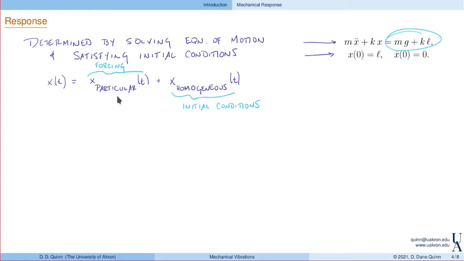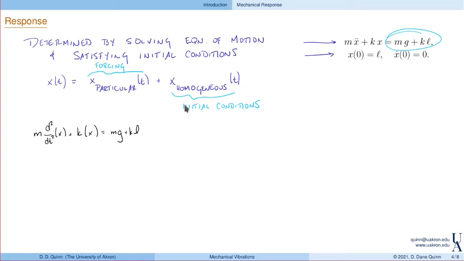Again, this particular solution just concerns the forcing. Any solution that satisfies the forcing requirements will work as the particular solution, and then once we have that, we'll go back and deal with the initial conditions later. So why does this work? Well, let's take this assumed form and substitute it into the equation of motion. The equation of motion looks like m times the second derivative of x plus k times x equals mg plus kL.